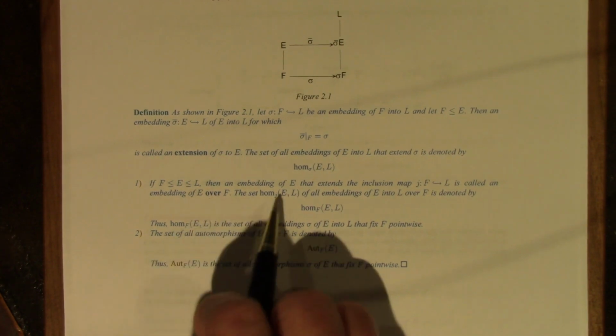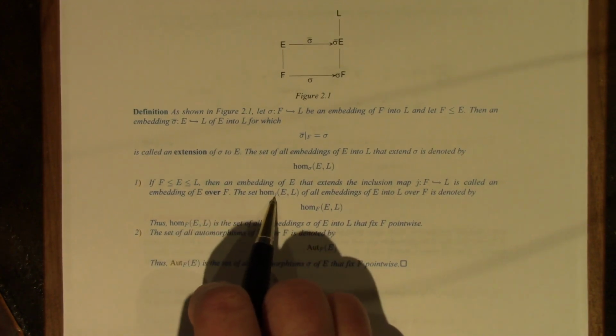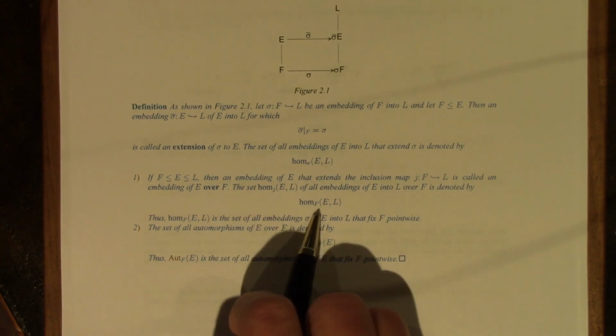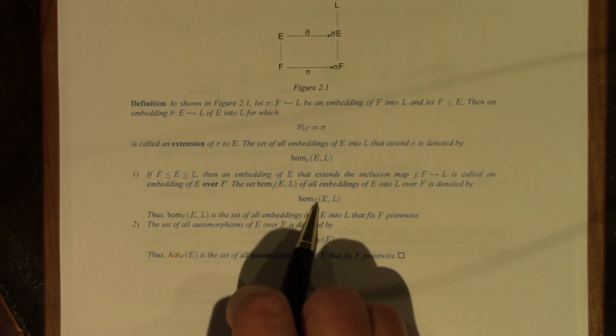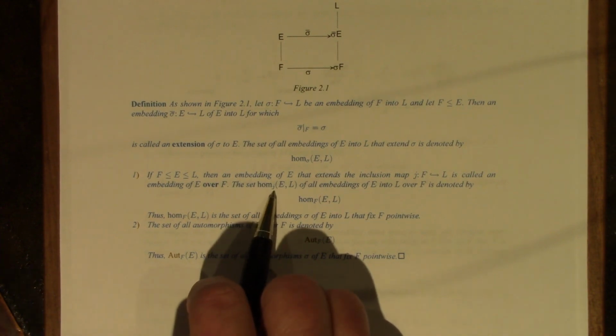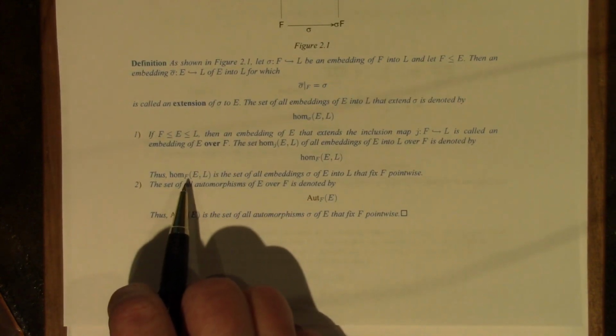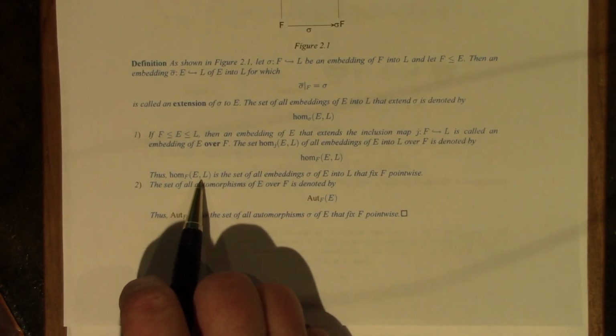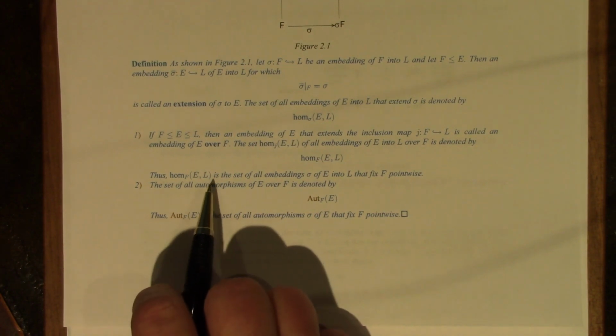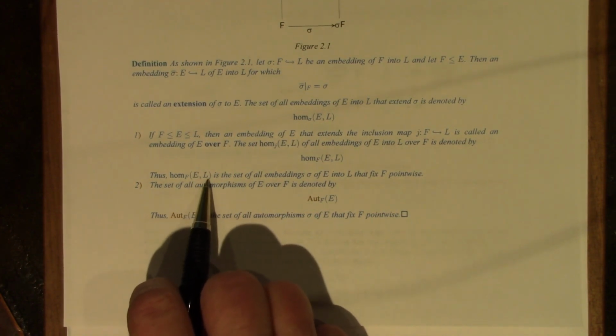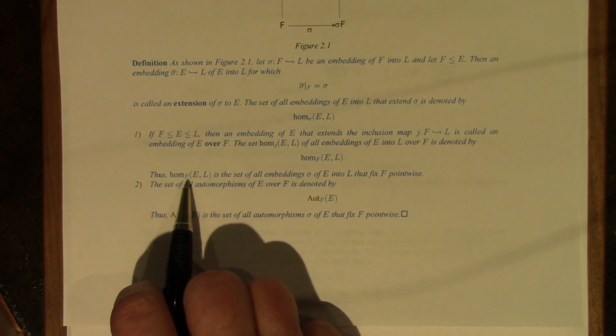And this set, so here's the inclusion map j, is denoted with a subscript F rather than a subscript j. So this is then the set of all embeddings of E into L that fix F pointwise.